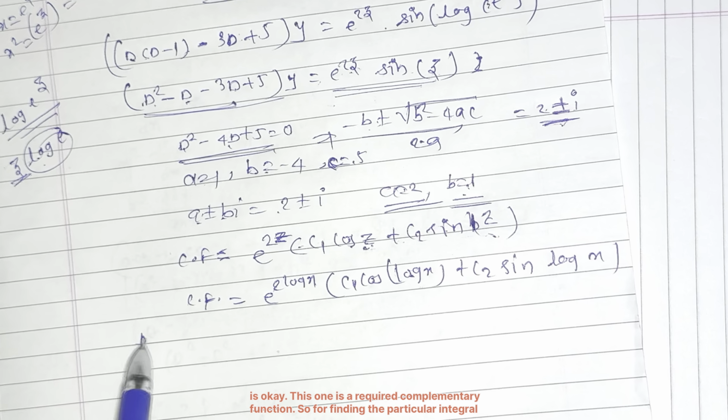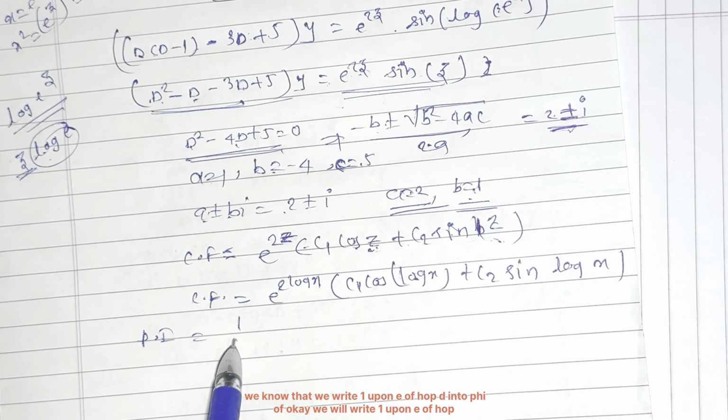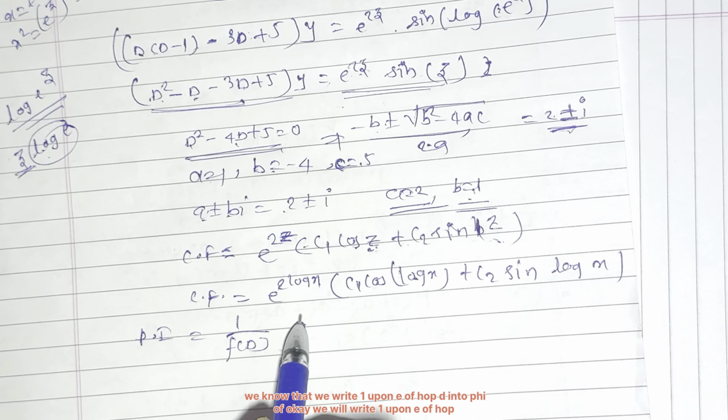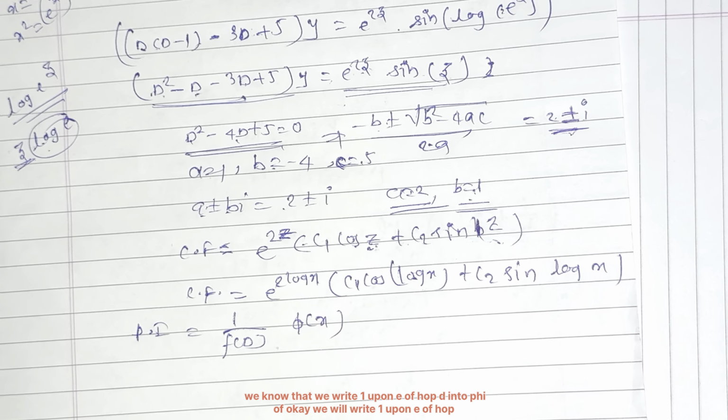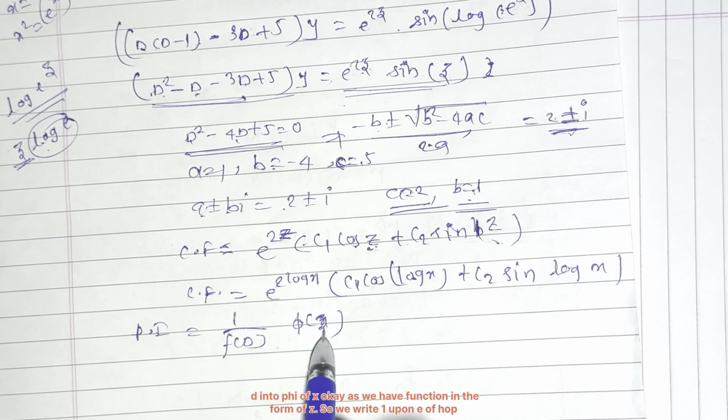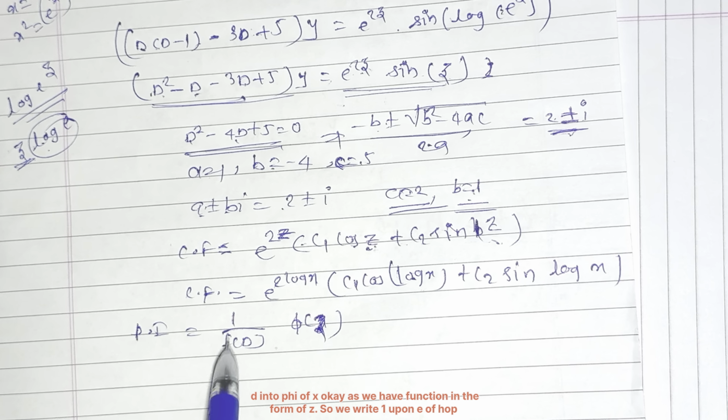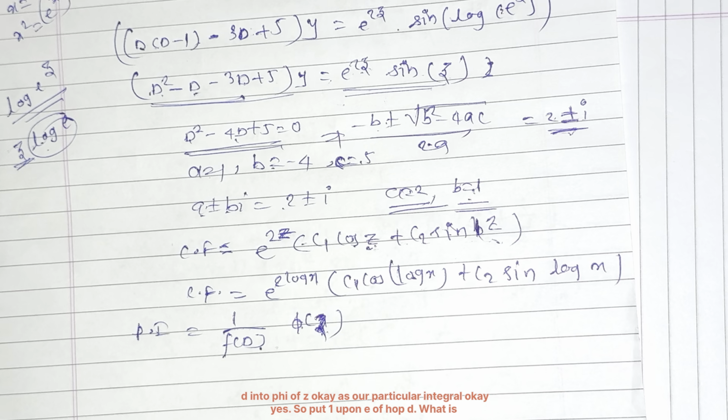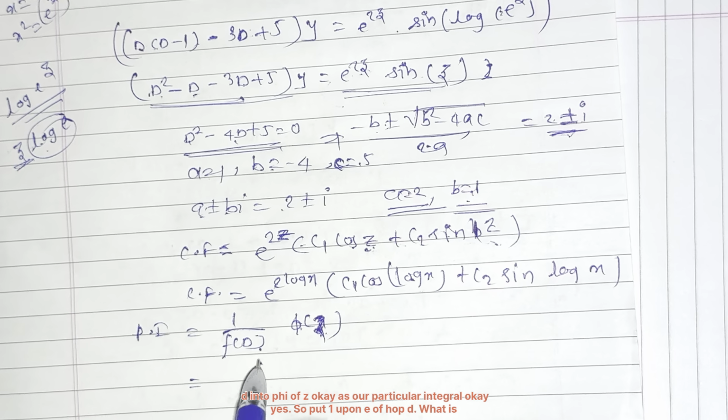So for finding the particular integral, we know that we write 1 upon f of d into phi of x. As we have the function in the form of z, we write 1 upon f of d into phi of z as our particular integral. Put 1 upon f of d. What is the value for f of d?